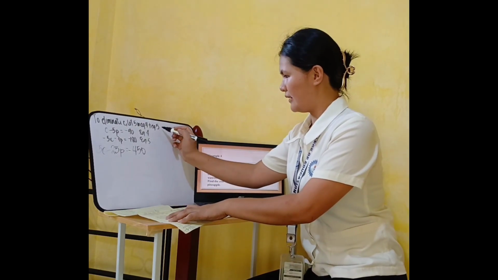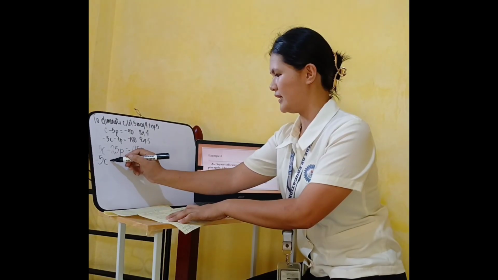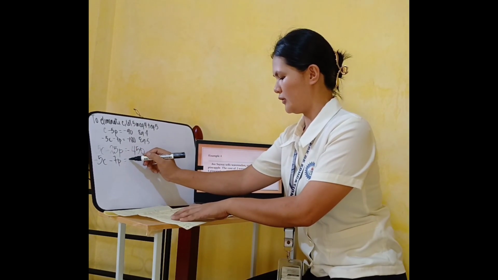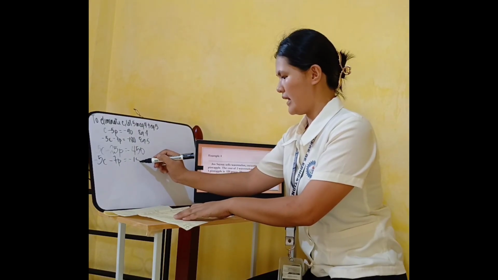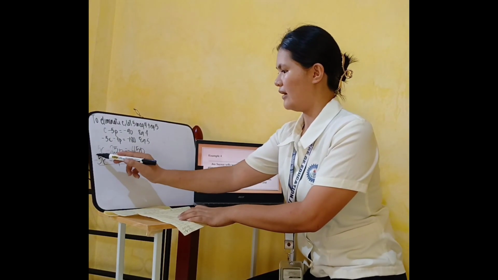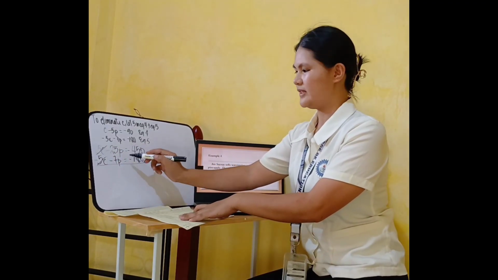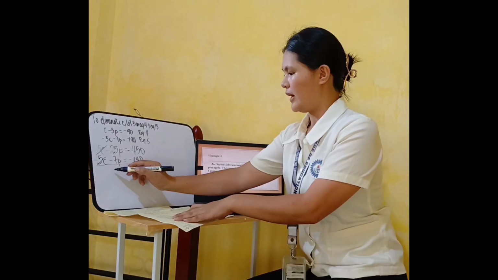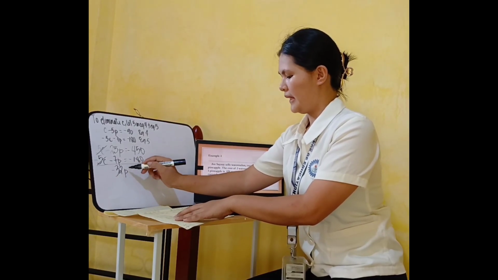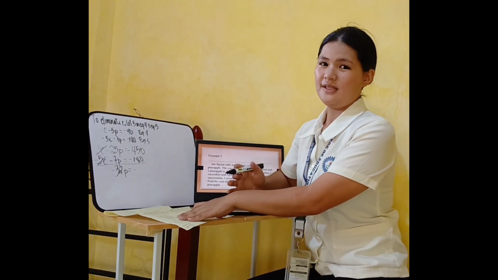So, copy the equation 5, which is negative 5C minus 7P is equal to negative 180. Cancel out the variable C. Ang natitira na lang is negative 25 at negative 7. So, pag-adding natin, that would be negative 32P is equal to negative plus negative is always negative.